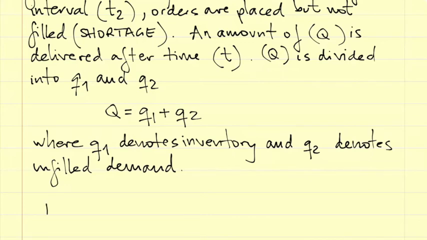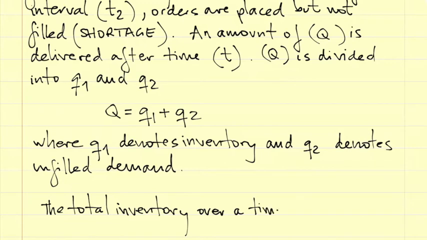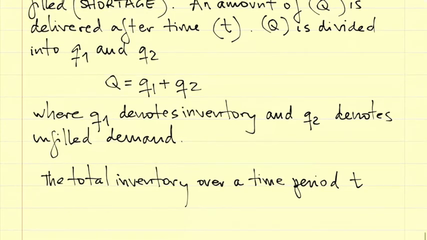So the total inventory over a time period T equals 1 divided by 2 times Q1 times T1.